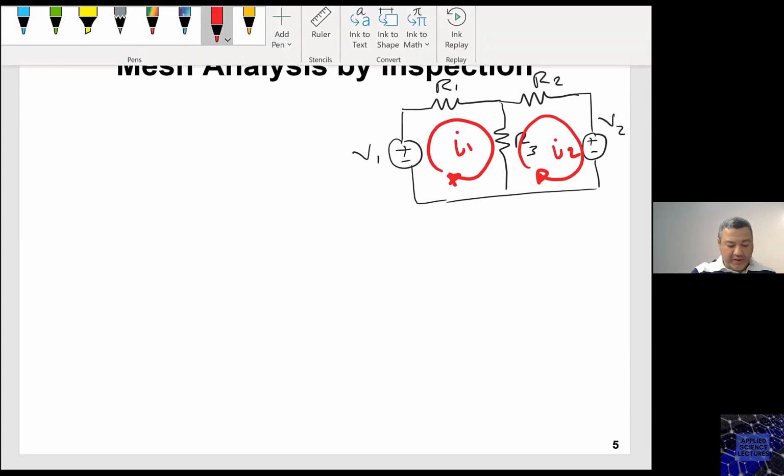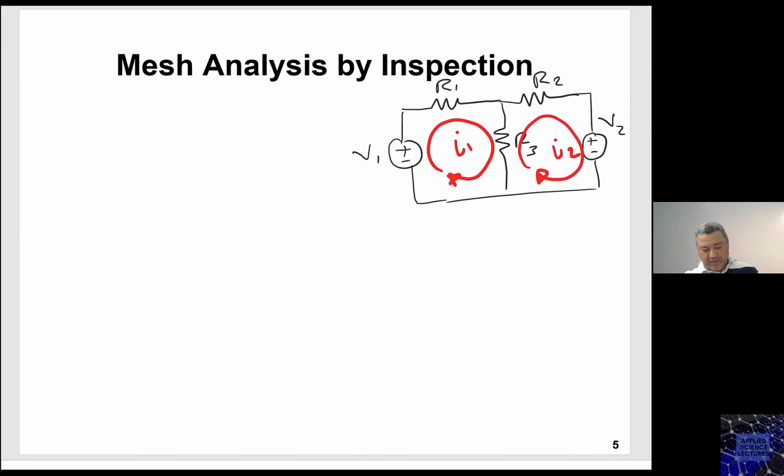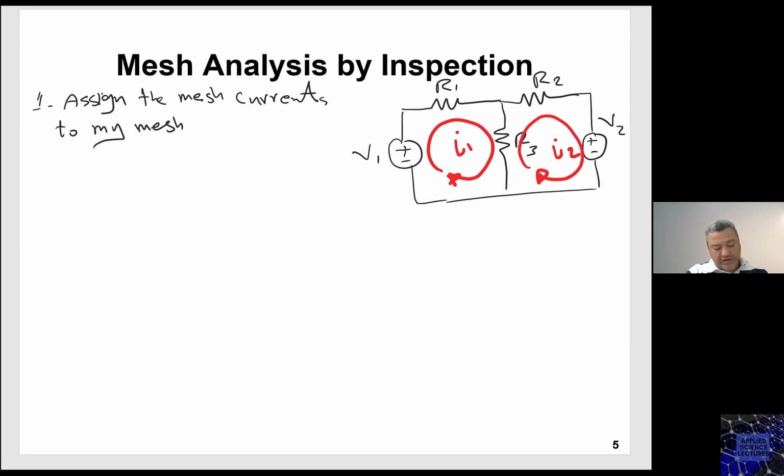And I will write them as the following. At the beginning, one, assign the variables, the mesh currents, to my meshes.